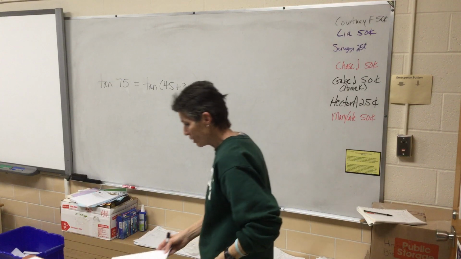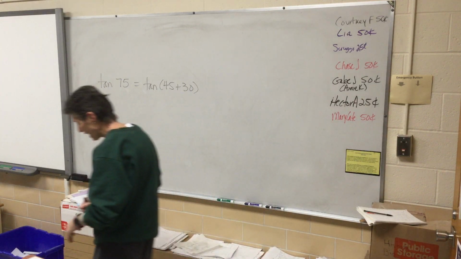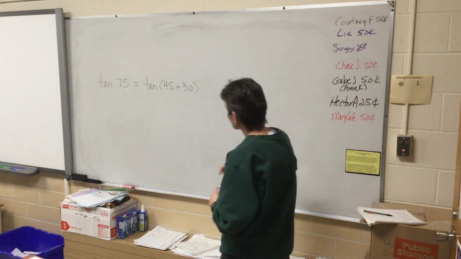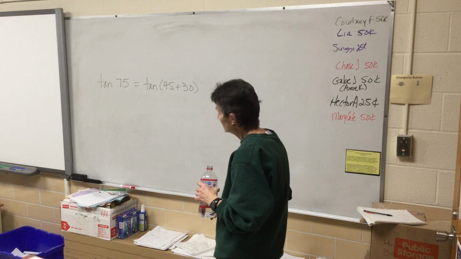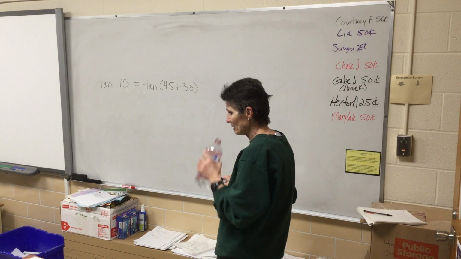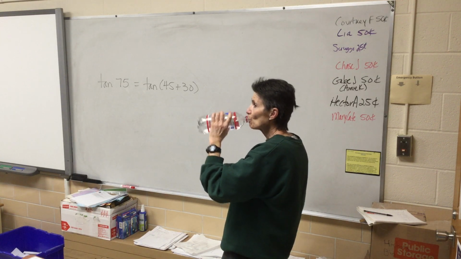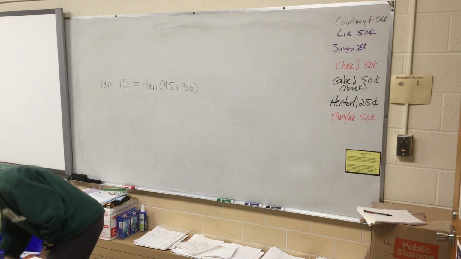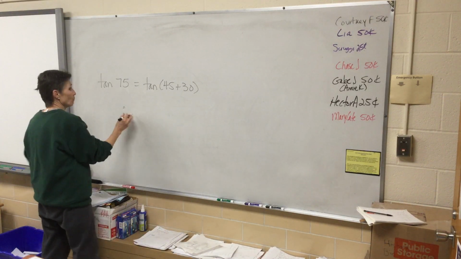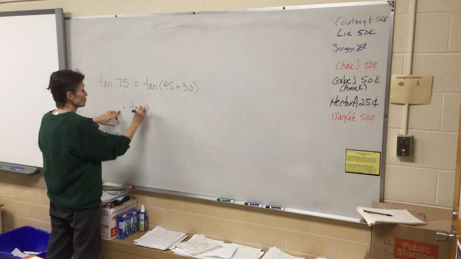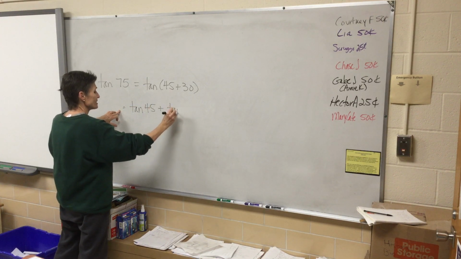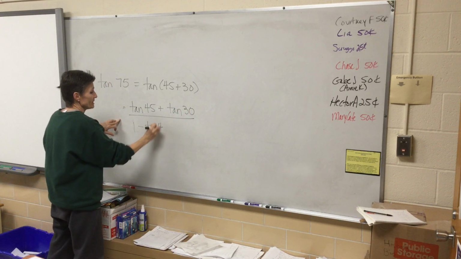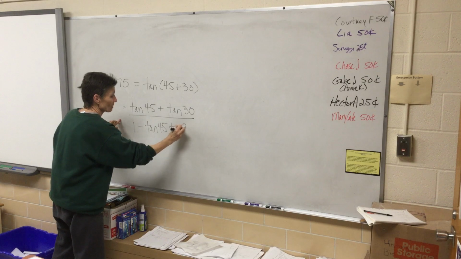So if you haven't made your note card yet, get out your colored sheet if you have it, and find the formula for the tangent of an angle plus an angle. Everybody find it? The formula says take the tangent of the first one plus the tangent of the second one over 1 minus the tangent of the first one, tangent of the second one.